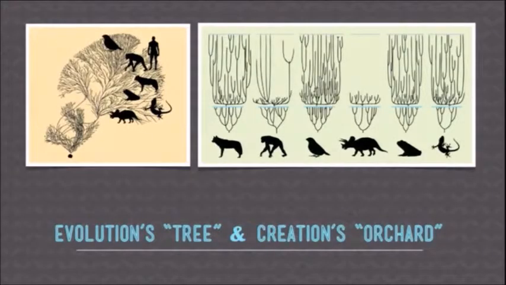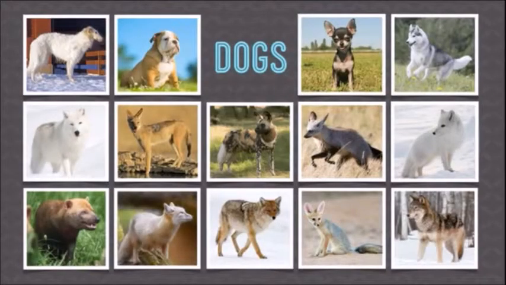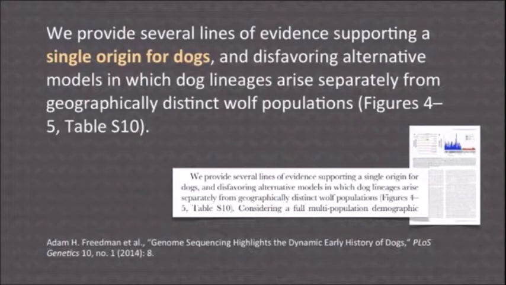Now, as a creationist, I maintain that observational science actually confirms this model based on the Bible. For instance, take dogs. In a scientific paper dated January 2014, that's this year, scientists working at the University of California stated this: "We provide several lines of evidence supporting a single origin for dogs and disfavoring alternative models in which dog lineages arise separately from geographically distinct wolf populations."